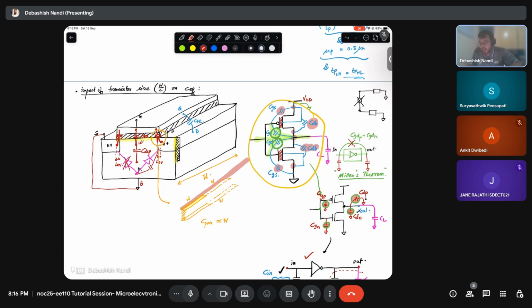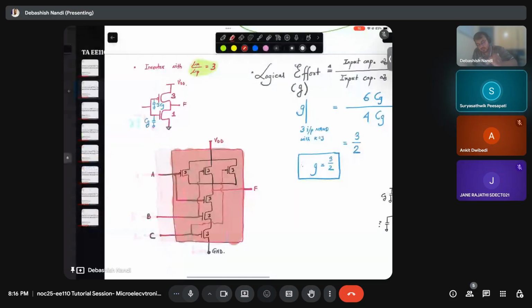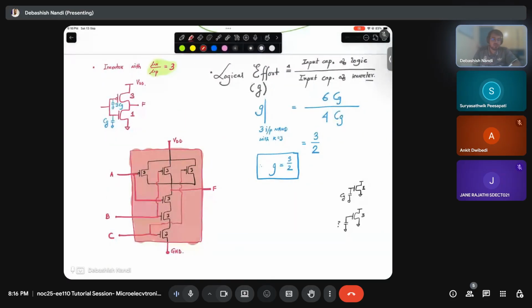By how much? By the same amount as your W by L is increasing. If for W by L equal to 1 your capacitance is Cg, for W by L equal to 3, what will be your capacitance?